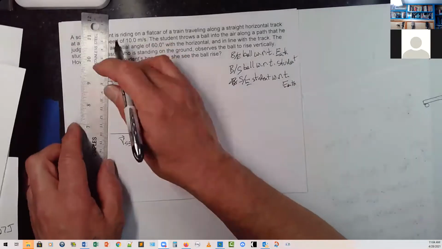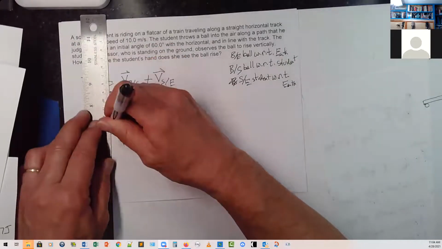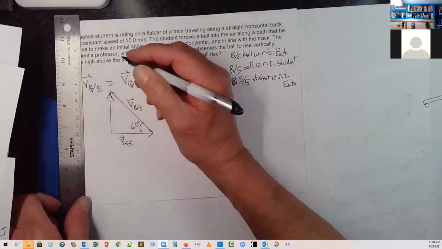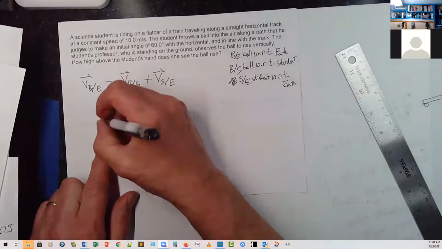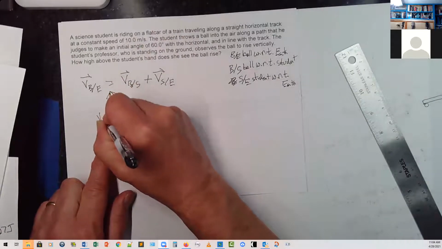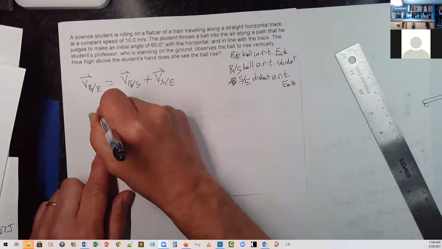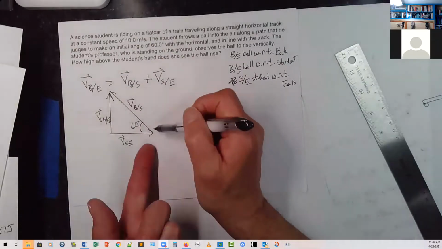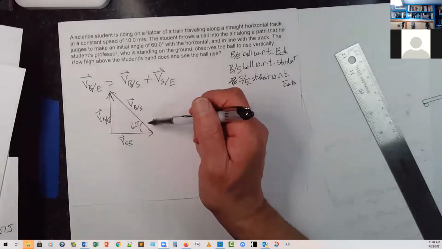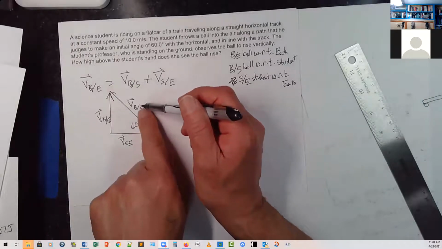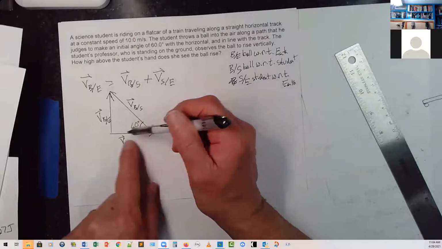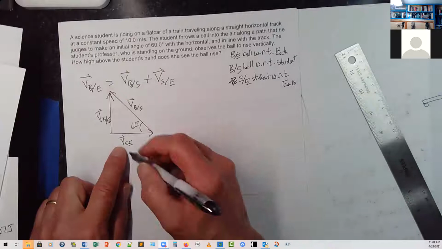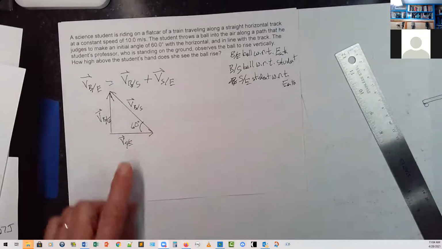Initially, the student's professor would just see the ball going straight up. So this is the velocity of the ball with respect to the Earth, which the professor is standing on. So the student throws the ball in such a way that the horizontal component of the velocity of the ball exactly cancels out the velocity of the train with respect to the Earth.